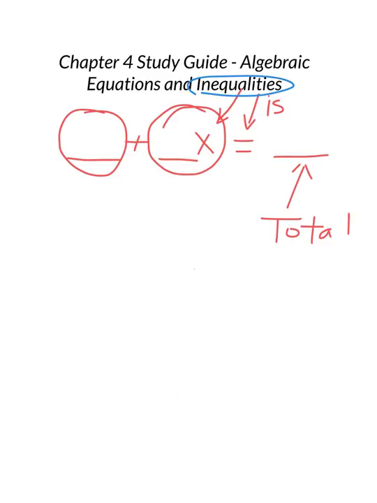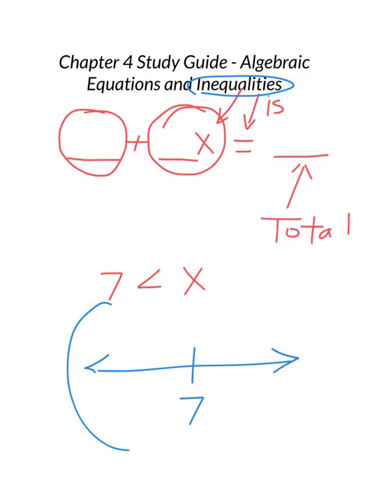And sometimes you'll have something like this: 7 is less than x. When you graph that, you put your 7 right here on the number line. Then I have to look and see the solution. I like to just look at where the x is, and I go backwards.